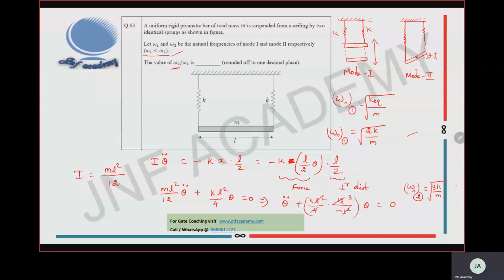Now we'll find the ratio, omega n2 by omega n1 is equal to root of 3k by m over root of 2k by m. We can cancel these, remaining root of 1.5. If you simplify, 1.2, this is our answer.